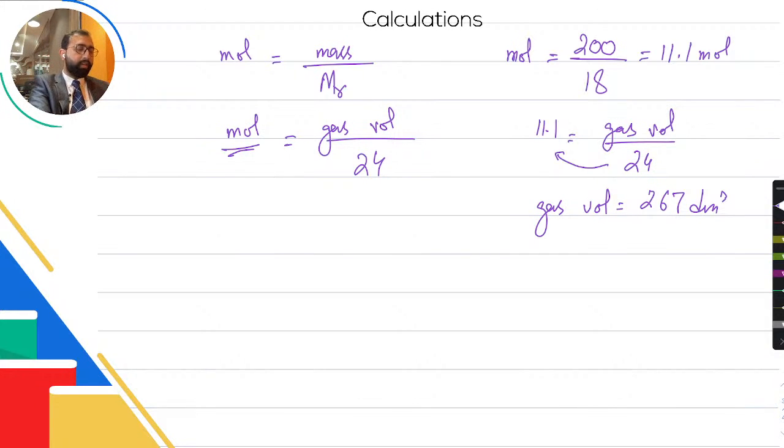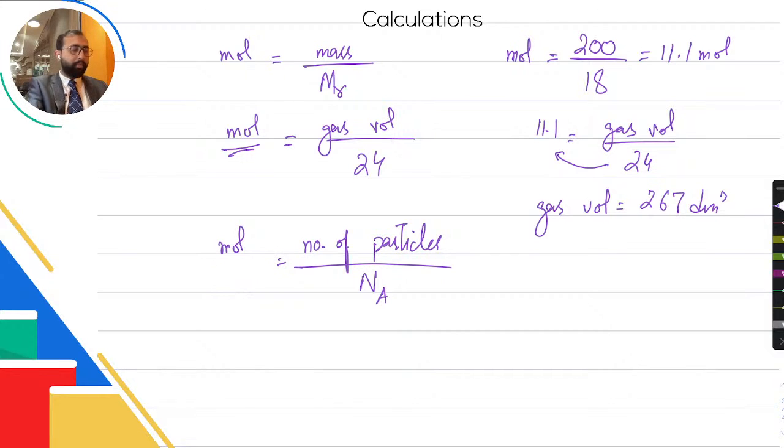If I have number of particles, I'll divide them by Avogadro's number. Why? Because Avogadro's number is the number of particles for 1 mole. So that one, let's hide that, so the formula is easier to remember. So moles is number of particles over Avogadro's number. And that will tell you the molecules or the particles or ions or whatever you have.